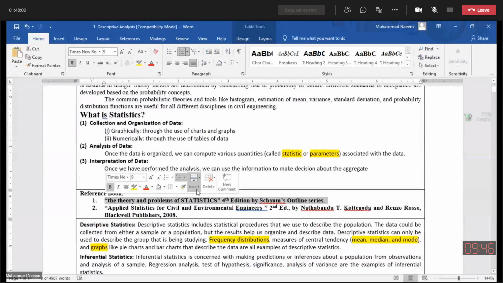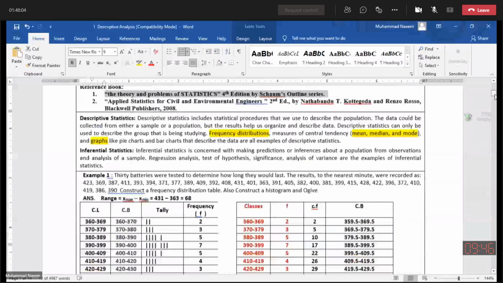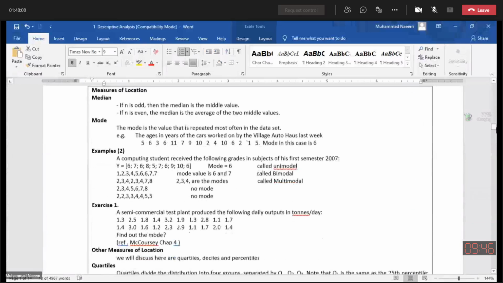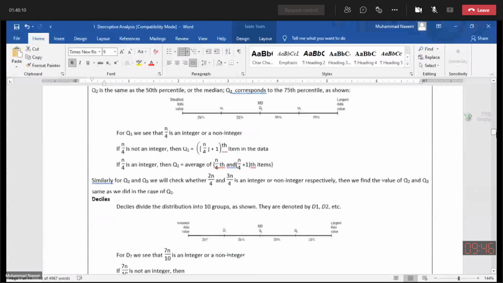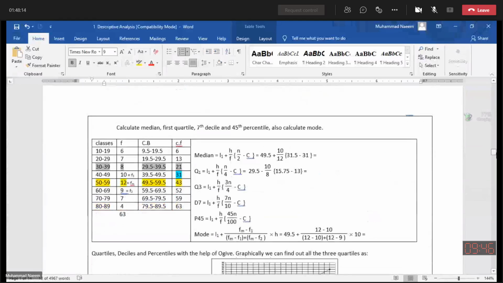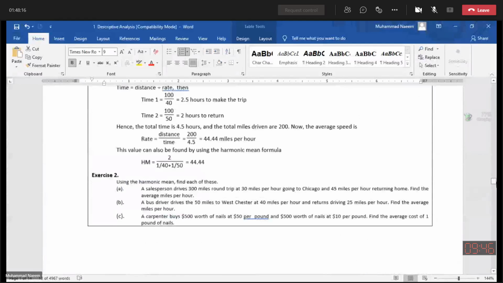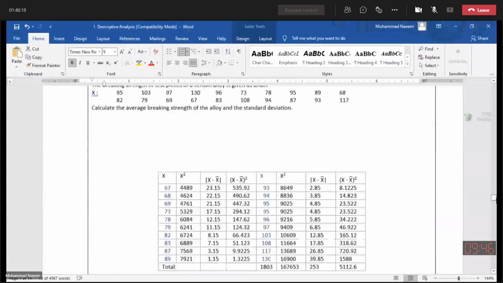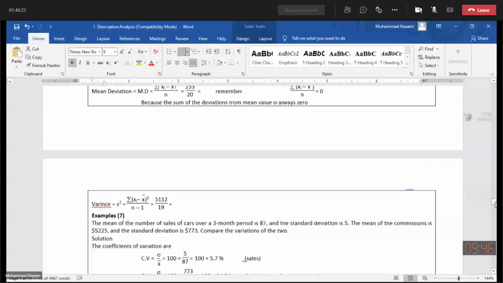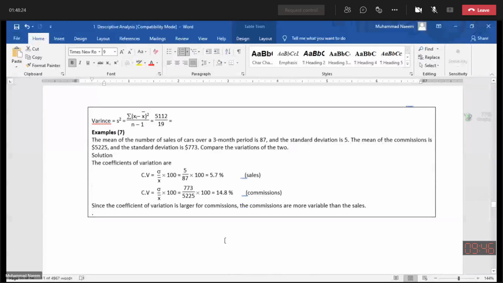And also I will send these class lecture notes on the group, inshallah, up to page 14.